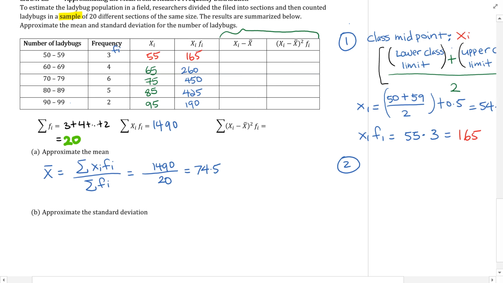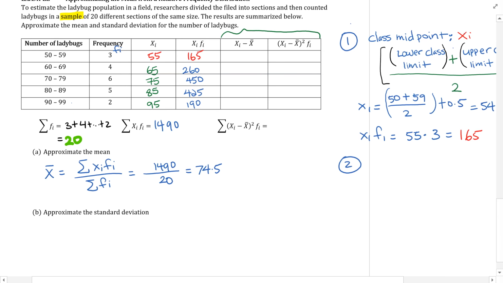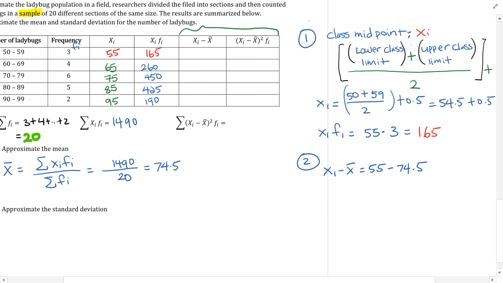Let's say I do my first one, x1 minus x bar. x1 is my 55, minus x bar, which is 74.5.